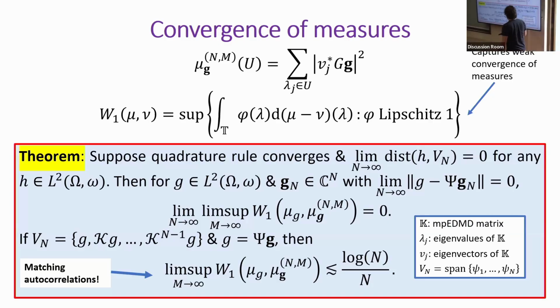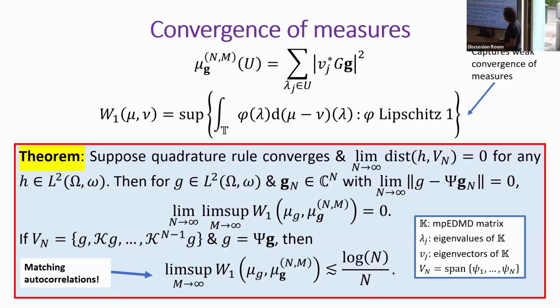Also, what's really nice is that this is the only example I know of. Please correct me if you know of another example, because I'd be very interested. If, for example, you take as your basis g, Kg, up to K^(n-1)g, so this is a Krylov subspace, or for those of you who've used delay embedding, it's exactly delay embedding, then you actually get a rate. You can bound this by some constant times log n over n.